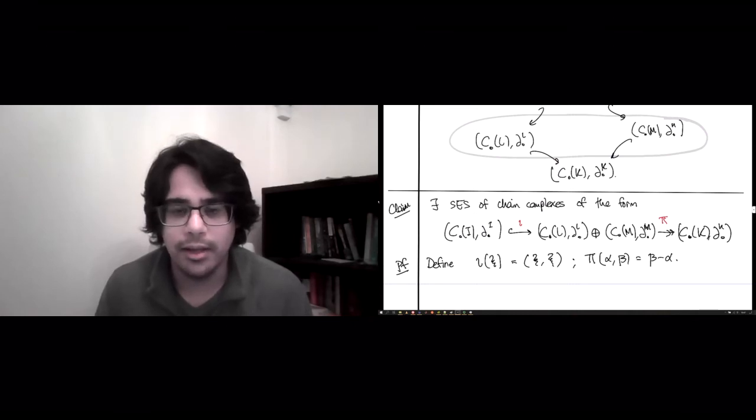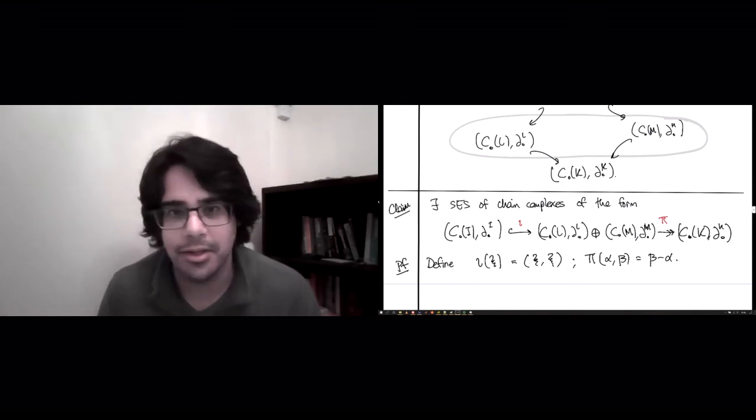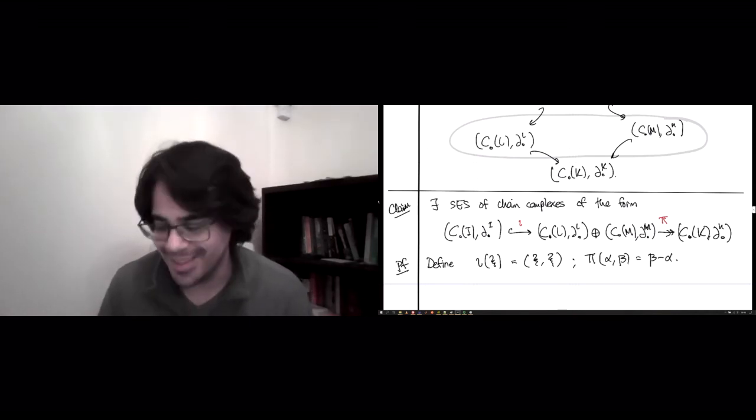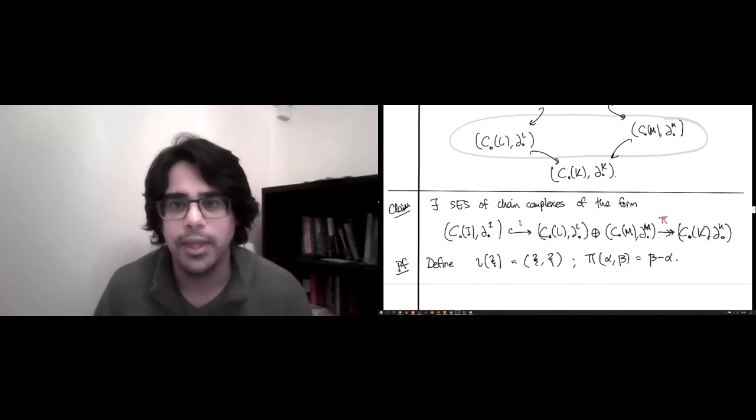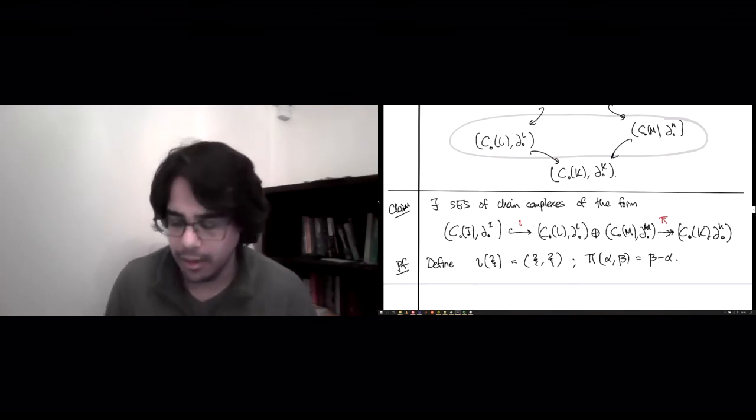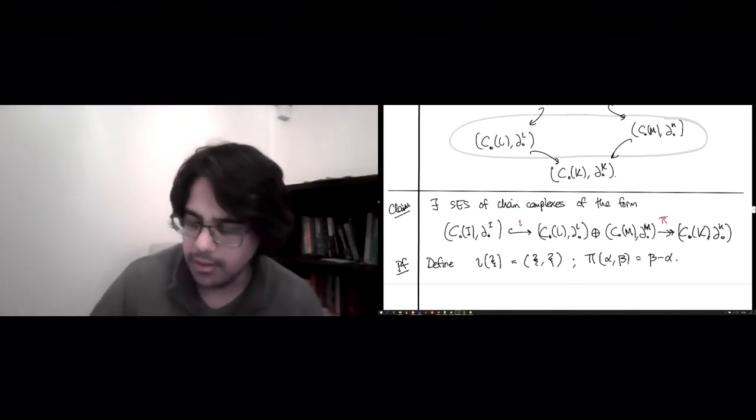So really the part that's going to give you a little bit of trouble maybe is showing that the kernel of pi is exactly this image of iota. But again, that's not so bad. If you're in the kernel of pi, beta minus alpha has to be 0, so beta has to be equal to alpha, which means you must be in the image of iota. Okay, good. So that's done.